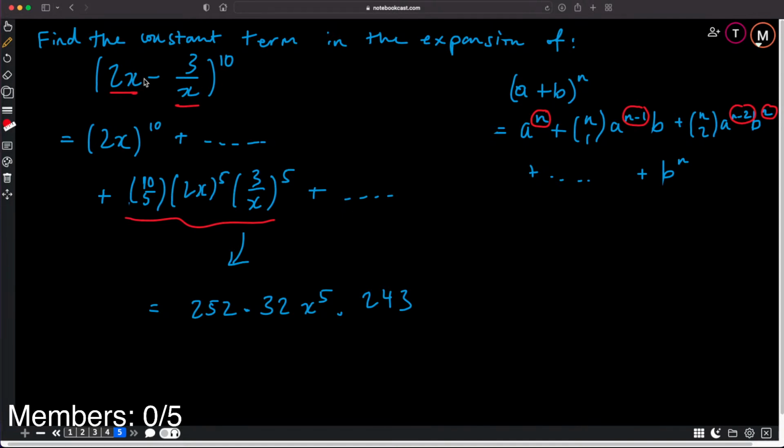So how are you going to get those x's to cancel out? It's if these exponents are the same. Because then you can say this is 32x to the 5 multiplied by 3 to the 5, which is 243, over x to the 5. And those x to the 5s cancel out, so you're just left with a constant.